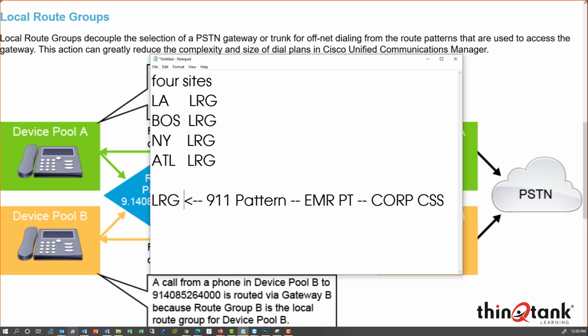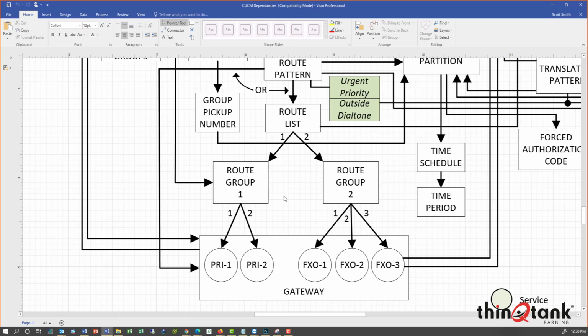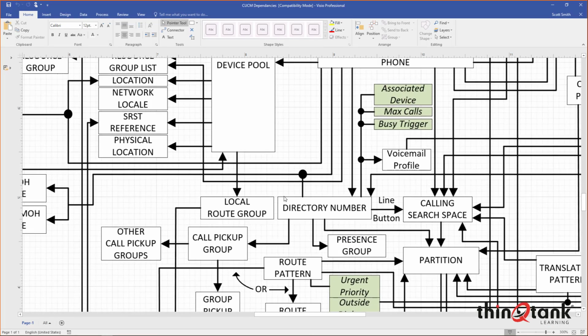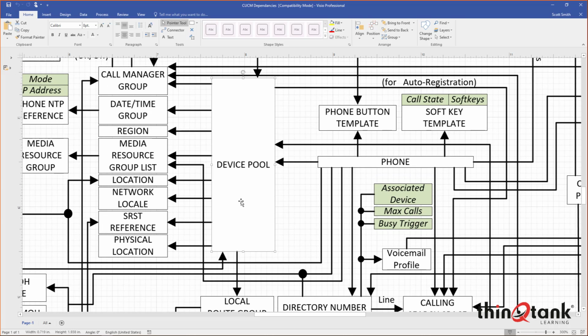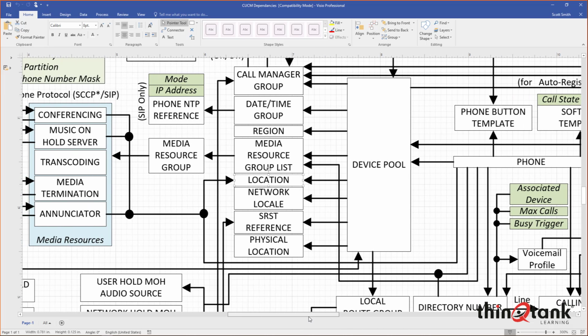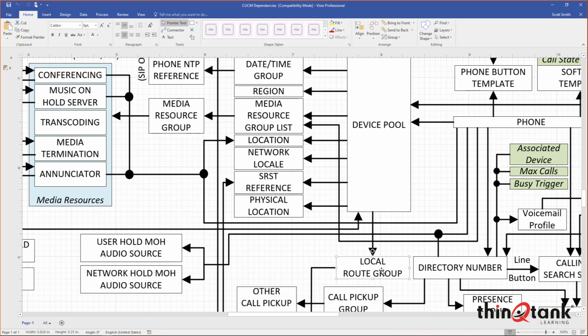Right? If I go back to my Visio here, you can see that based on the device pool, where it is right here, we have a location. And if you look at, let me see, I think I have it on here. Right, but yeah, local route group, right?